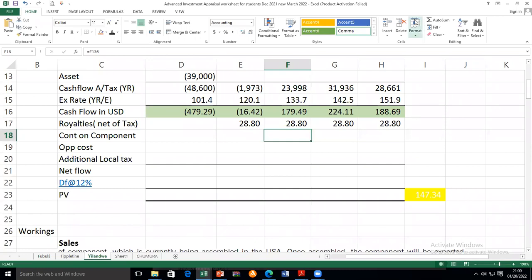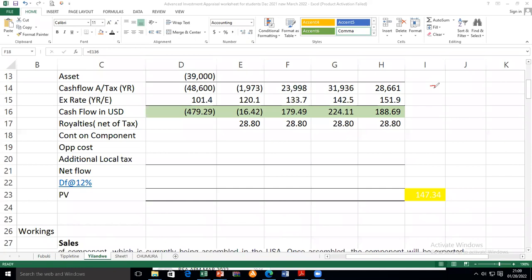So the head office earned a 36 multiplied by 80%. Net of tax.